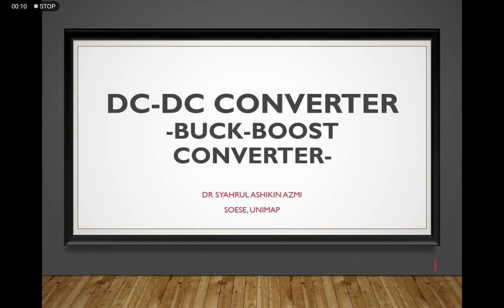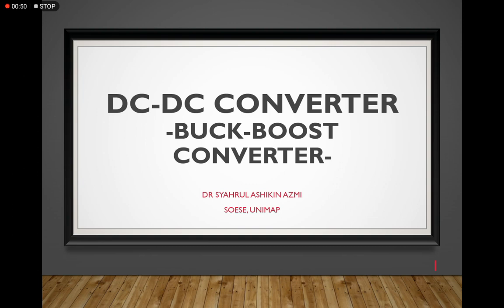Okay, this will be the last topic from my part, which is the last type of DC to DC converter, the buck boost converter. We will begin the lecture by giving some introduction on buck boost, and then we go for the steady state analysis, where we will find the equation for the current for the passive component using steady state analysis.